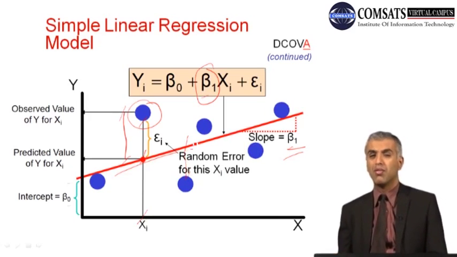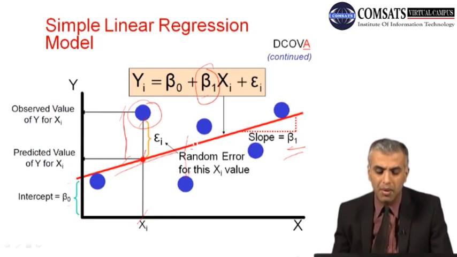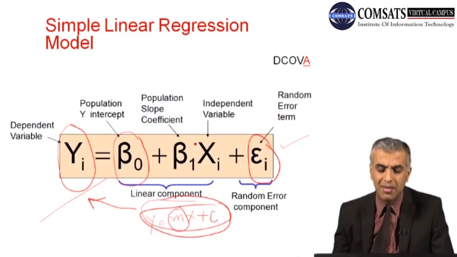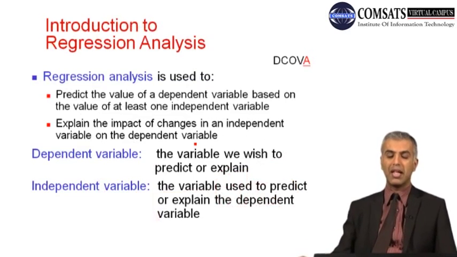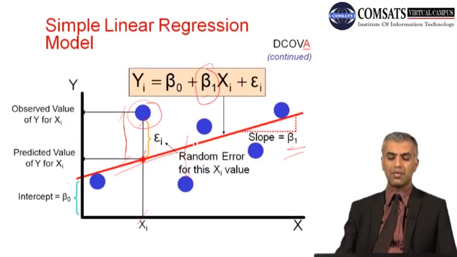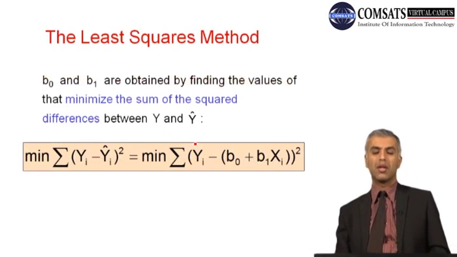So in order to avoid this sign game, and because of that sign game the values or entities become equal to 0, we basically try to find out the whole answer through the least square method.